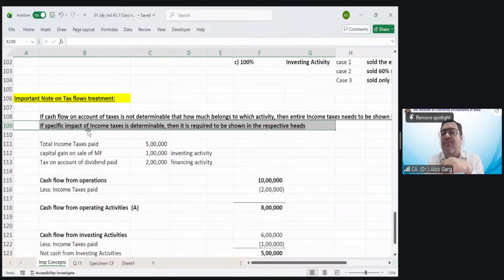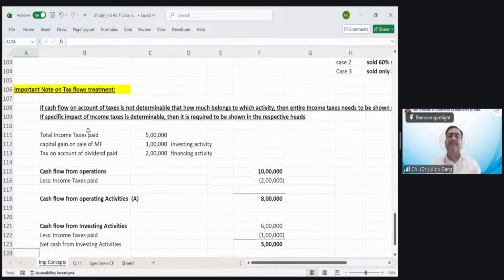Now, friends, the sale of mutual fund, is this an operating activity or an investing activity? Sale of mutual fund is an investing activity. So if it is an investing activity, where will the tax of 200 crore go? Investing activity. How has it to be shown?